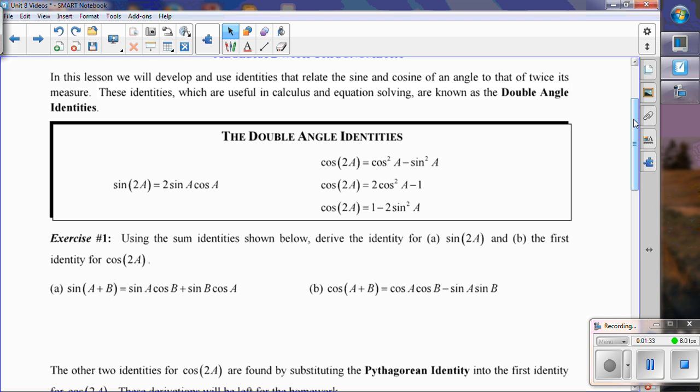So in this, we're going to be deriving the identities using this quick problem here for double angle, first for sine and then for cosine.